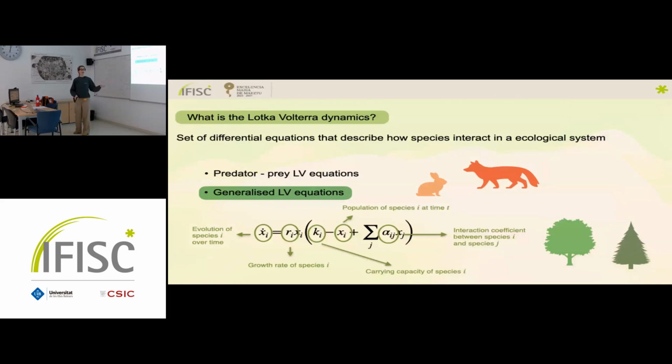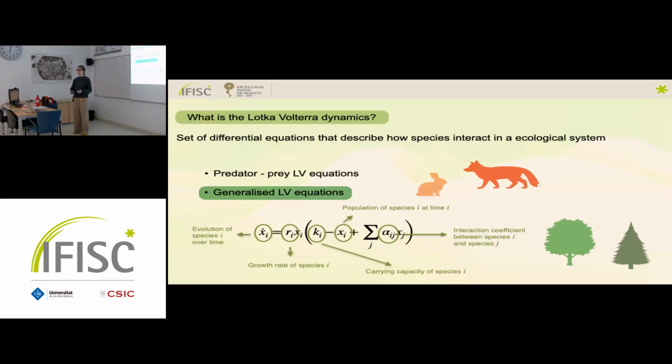And alpha_ij is the interaction between species i and species j. Basically, it tells us how different species interact and what is the strength of the interaction. It can be positive, so the species interact in a cooperative way, or negative, so there's competition between species.